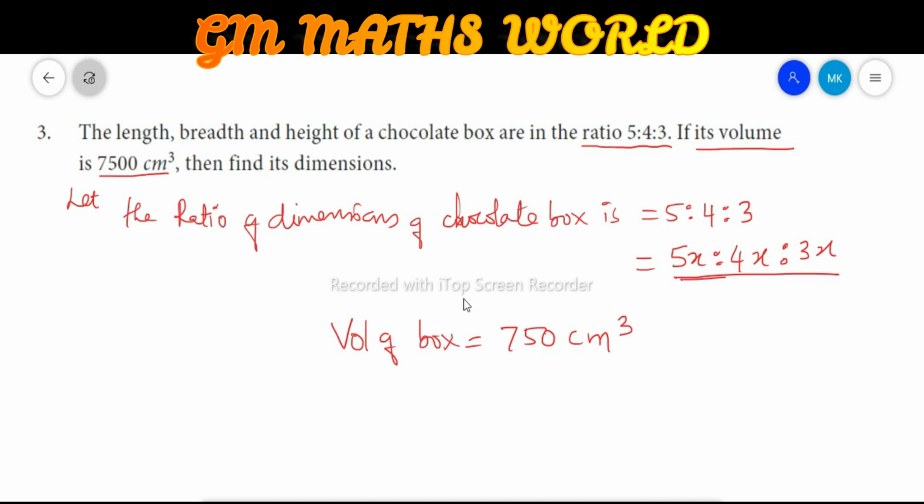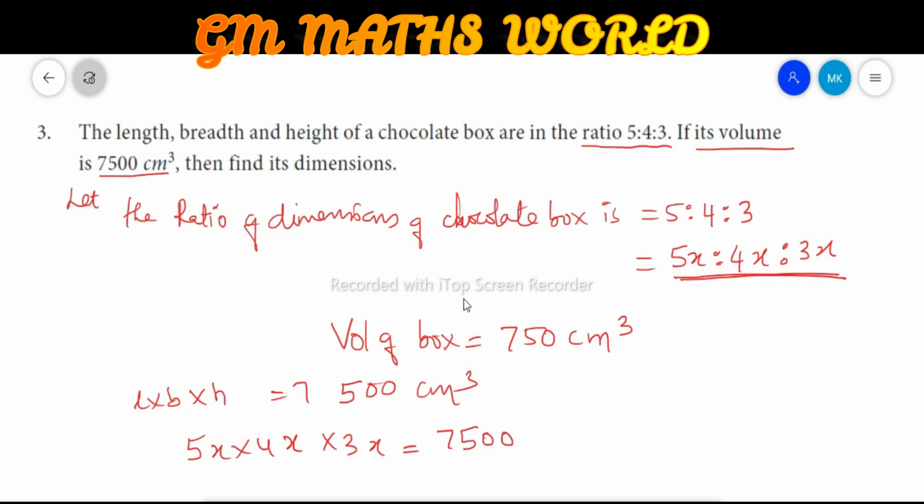So we have the ratio of this. So we can take the length as 5x, which is L into B into H, isn't it? It is 7500 centimeter cube, and this is now 5x into 4x into 3x equal to 7500.